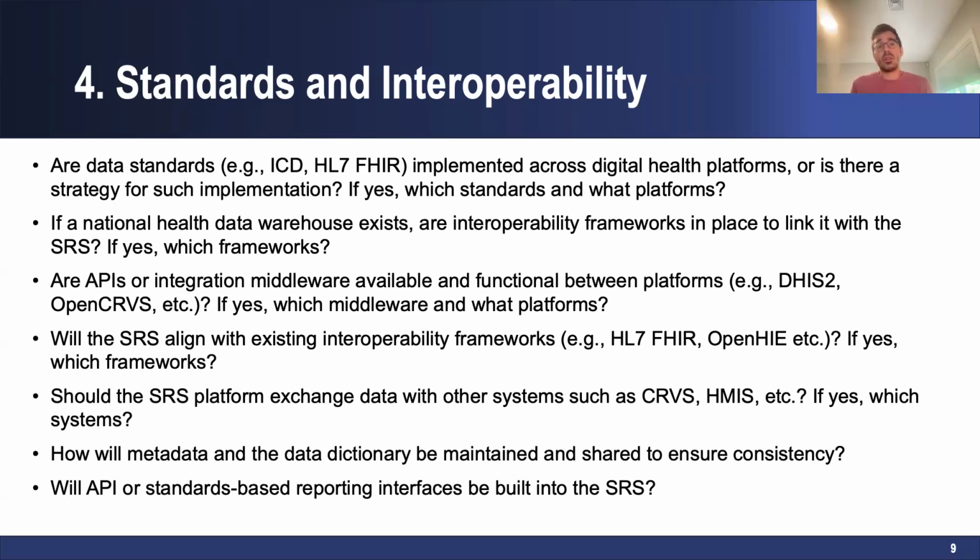I think it's also important to note that some of what we're talking about here, as you envision your perfect SRS ICT system, is not what you need in your system to launch. So you might be envisioning a system for SRS ICT that does all of your SRS operations and digitally links to CRVS and digitally pushes data to the National Data Warehouse and all of these defined standards.